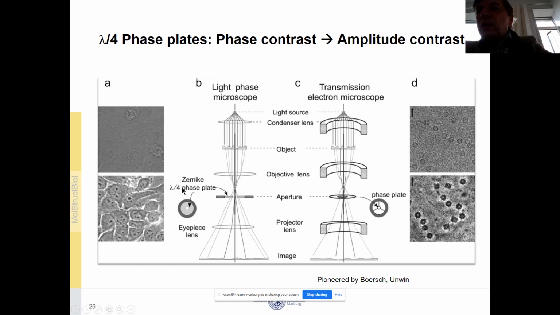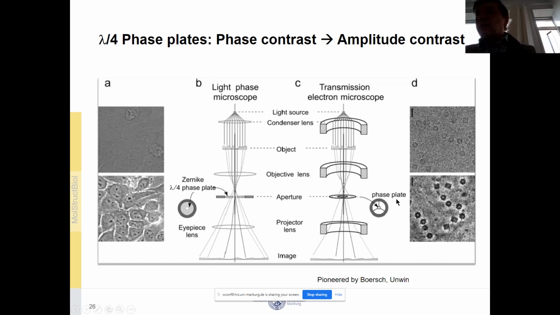It's made by a phase plate that is put in between the objective and the projector lens. This one has to have a precise diameter. A lambda divided by 4 phase plate is shifting the phases by a quarter of lambda, and that is then reconstructing by the interference to strong changes in the amplitudes on the image.